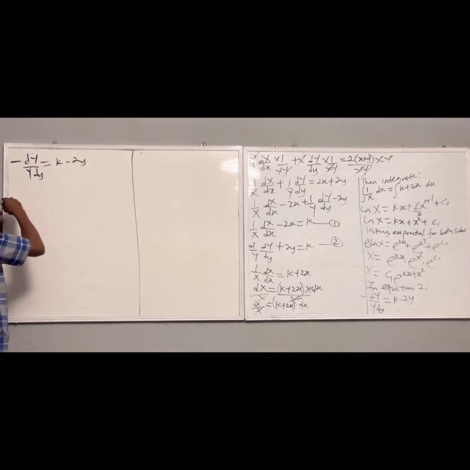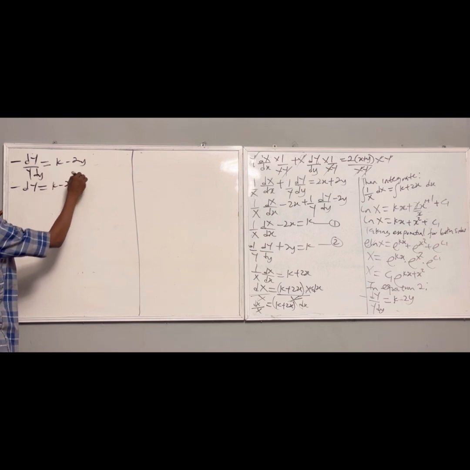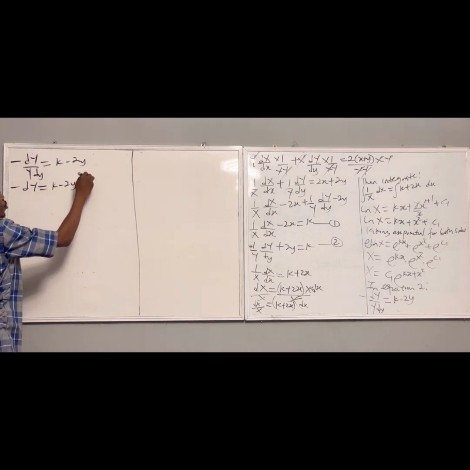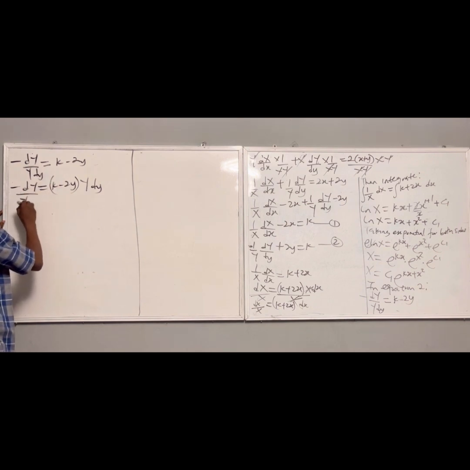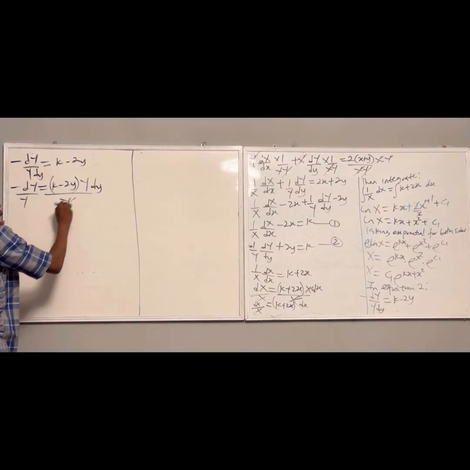So I'm going to have minus dy is equal to k minus 2y y dy. If I divide both sides by y, this will cancel.